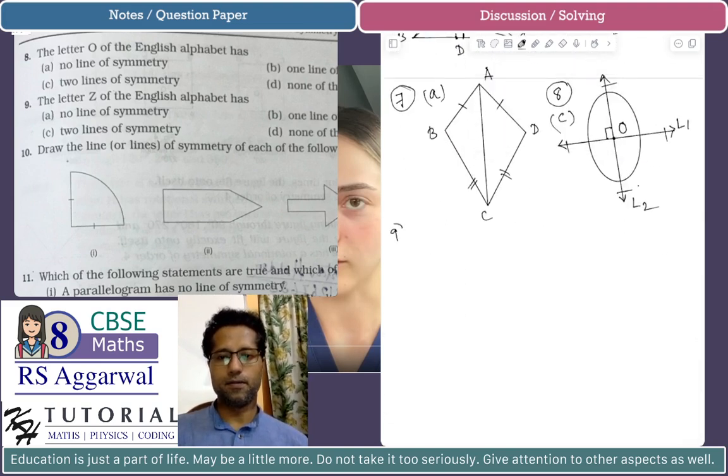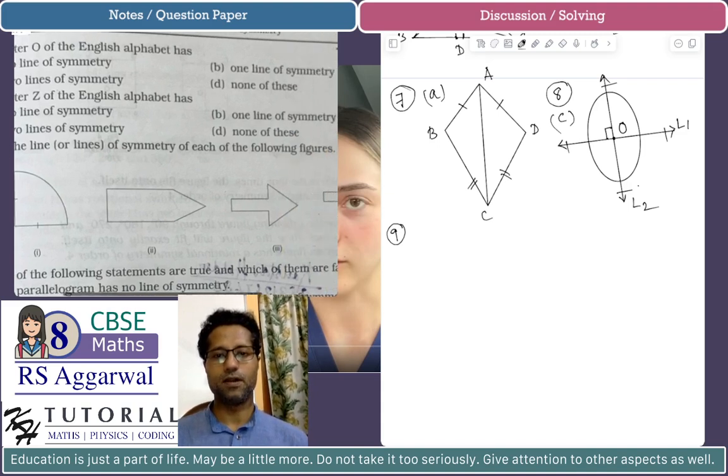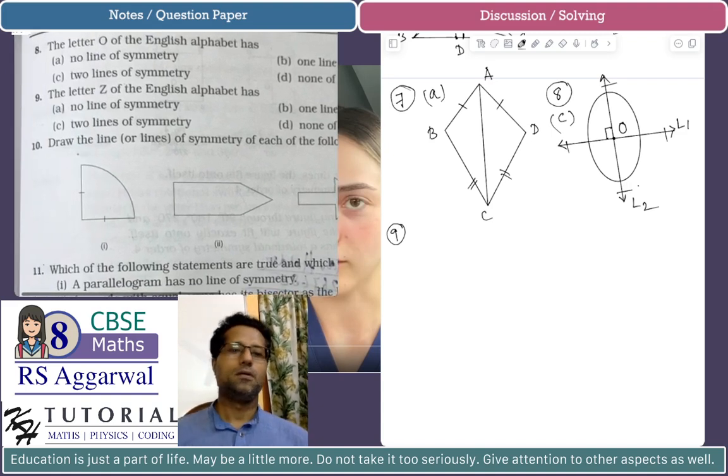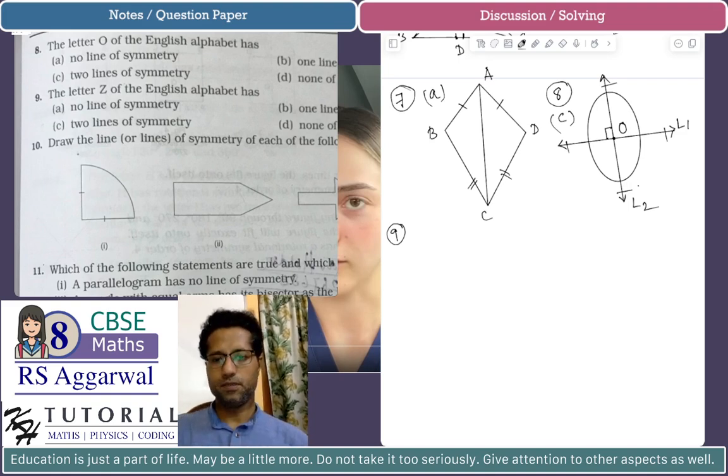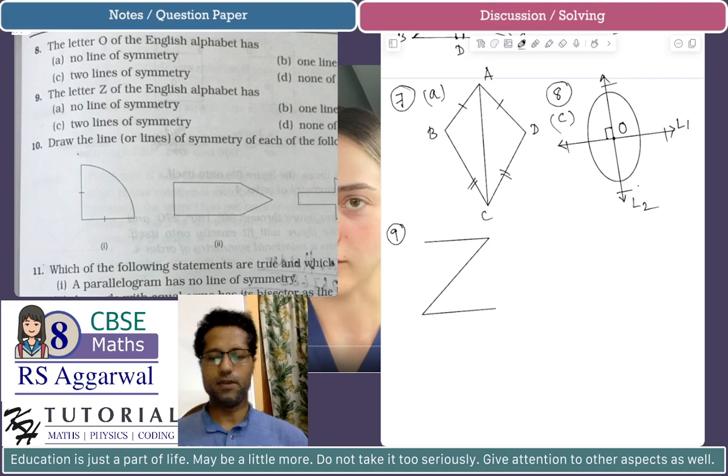Problem number 9. The letter Z of the English alphabet has: no line of symmetry, two lines of symmetry, one line of symmetry, or none of these. I think the letter Z has no line of symmetry, because if you consider, let us roughly draw the letter Z. Now, does it have any line of symmetry?